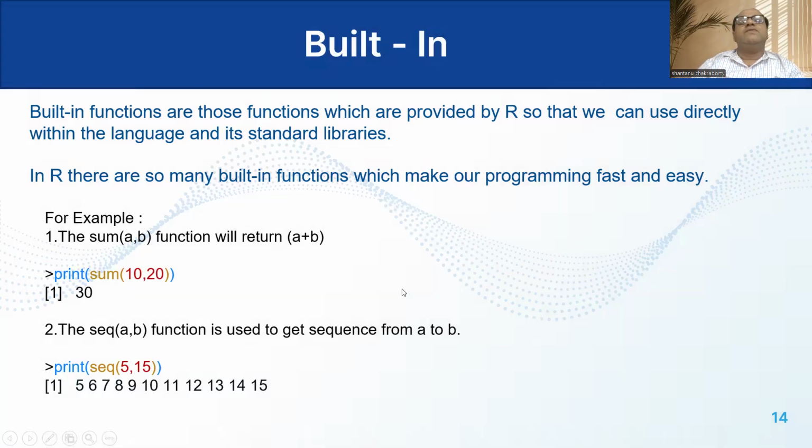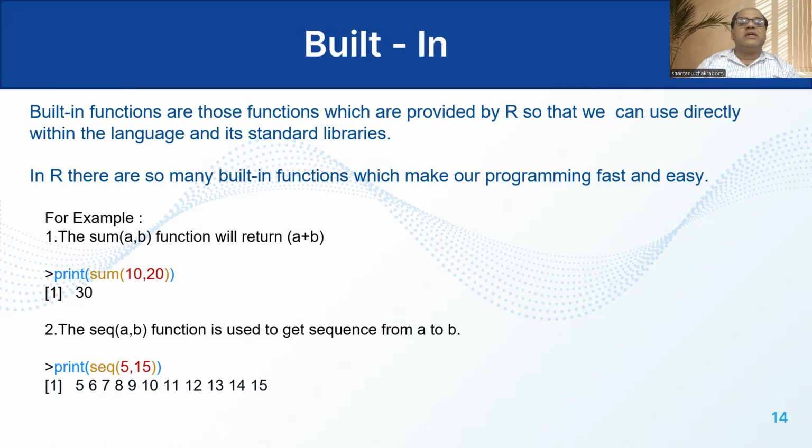Now, what are the built-in functions that are provided in R? The built-in functions provided in R include the sequence function. If you write sequence 5, comma 15, you'll get the values 5, 6, 7, and so on. Whereas the sum function that you can see over here is a user-defined function, because the sum function is defined by the user.